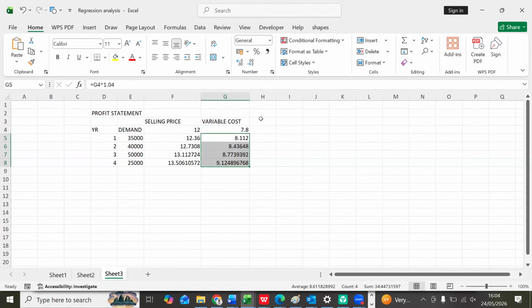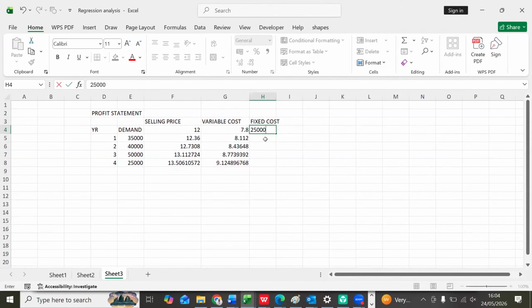I go to the next one, which is fixed cost. So fixed cost, the first current year, they gave me 25,000. And the fixed cost is expected to grow at what percentage every year, my good students? 6%.